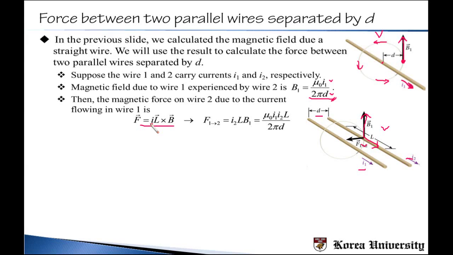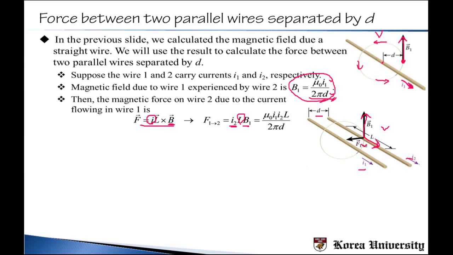And in this case, which current? This current has to be the current of the second wire, which is feeling the magnetic field, right? So this will be I2, and this magnetic field is coming from the first wire. So this is the magnetic field we already calculated, B1, and then L will be any length of this wire.